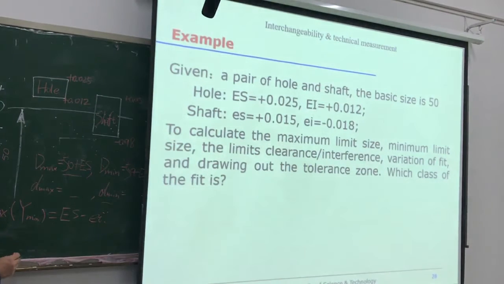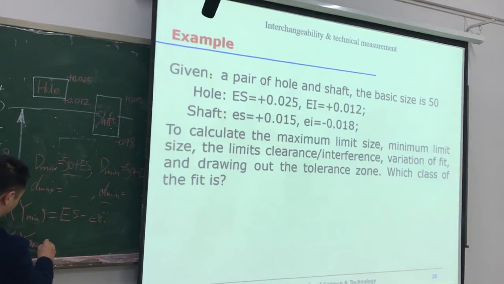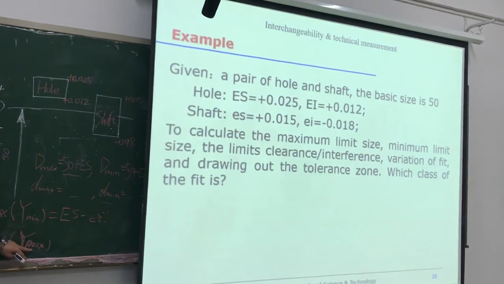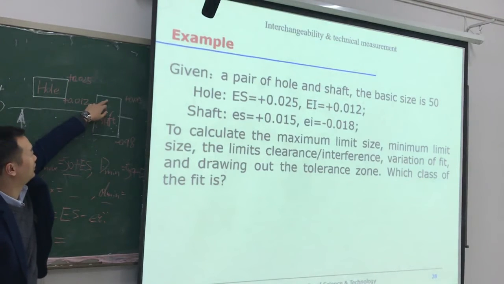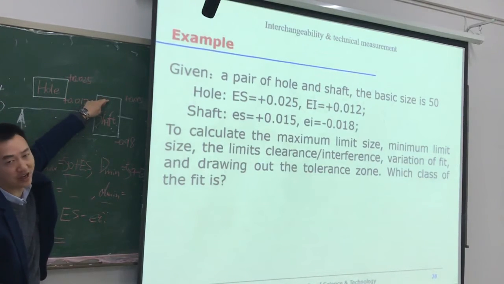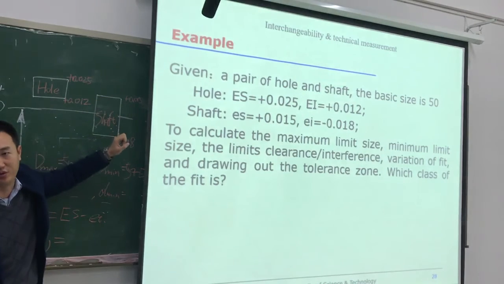And for maximum interference, how to calculate that? In fact, the equation for maximum interference is the same as for the minimum clearance. We use the minimum hole minus the maximum shaft to get the maximum interference, right?